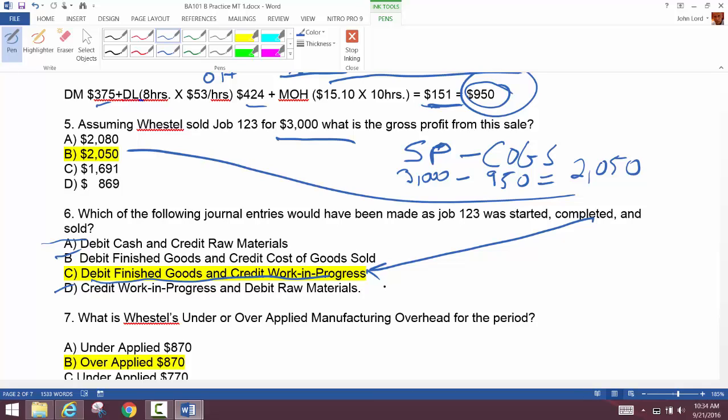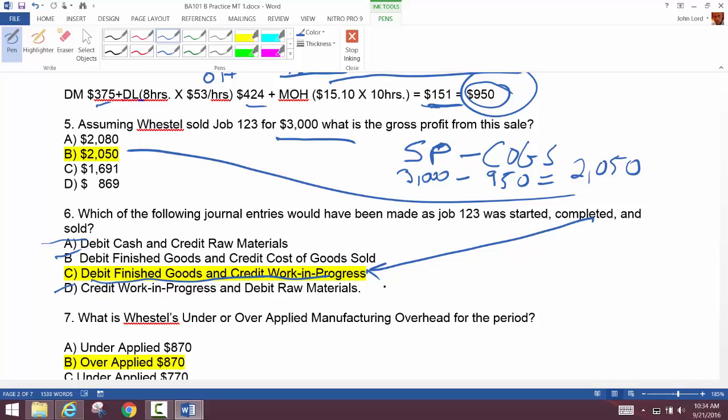What do I call this number, the 160, the amount that got transferred out of work in progress and went into finished goods? No, not actual.